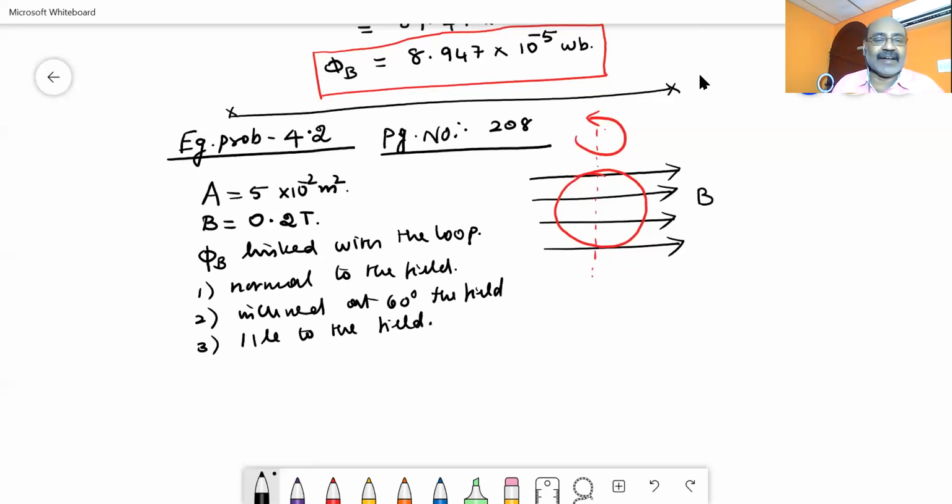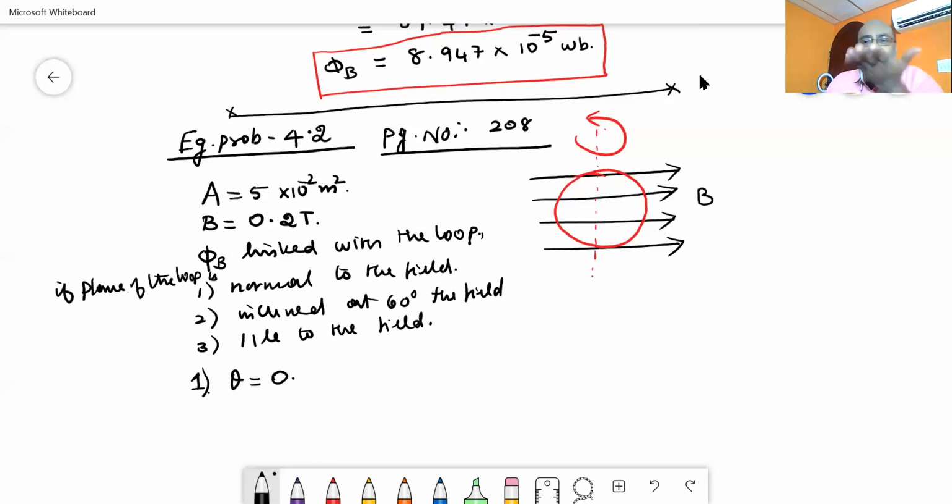Let us consider them one by one. Let us take the first one: flux linked with the loop. If the plane of the loop is normal to the field, then theta will be equal to 0.